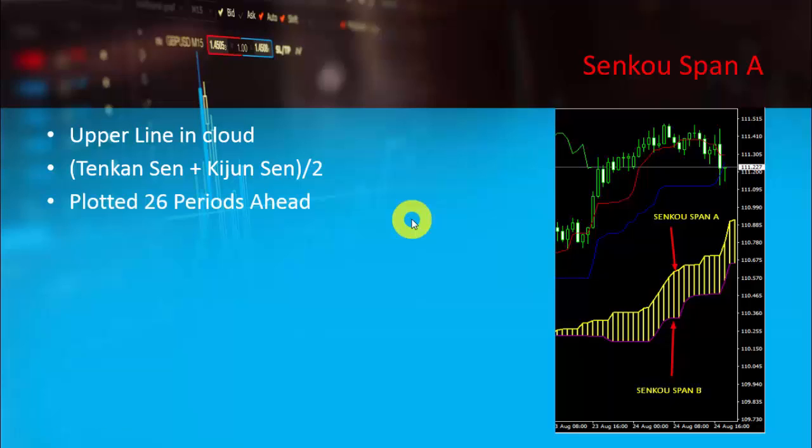Basically it is calculated by taking our Tenkan-sen and Kijun-sen and dividing by 2, the average of Tenkan-sen and Kijun-sen, and then it is plotted 26 periods ahead.